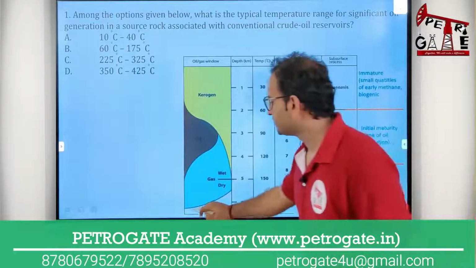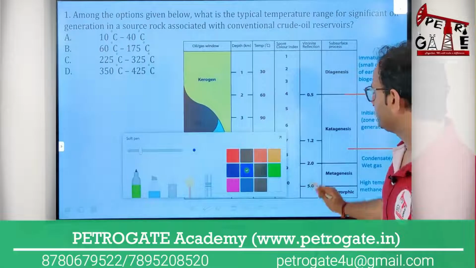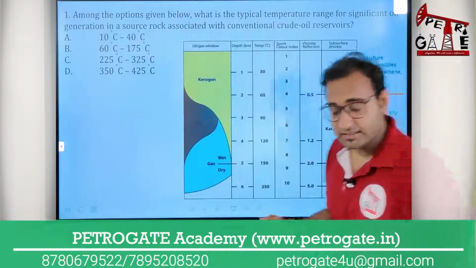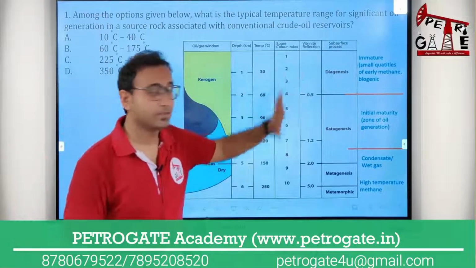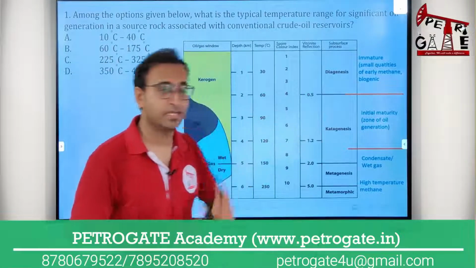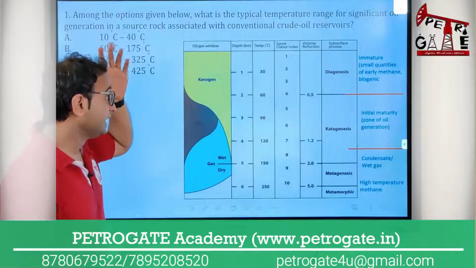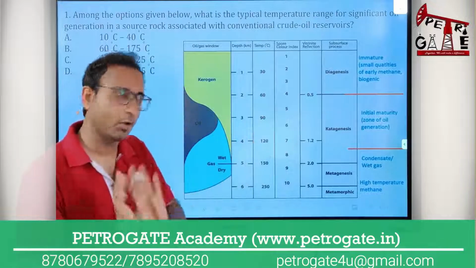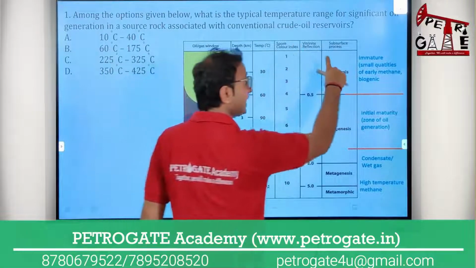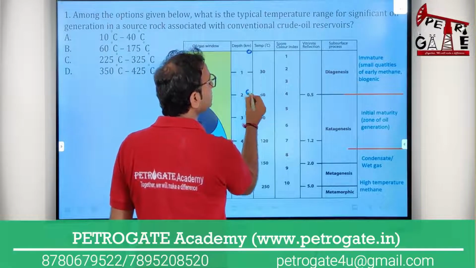In this picture I have shown what the temperature range is for diagenesis, what the catagenesis range is, and what the metagenesis range is. In the starting stage, diagenesis, temperature and pressure will be less, about 0 to approximately 60 degrees Celsius.